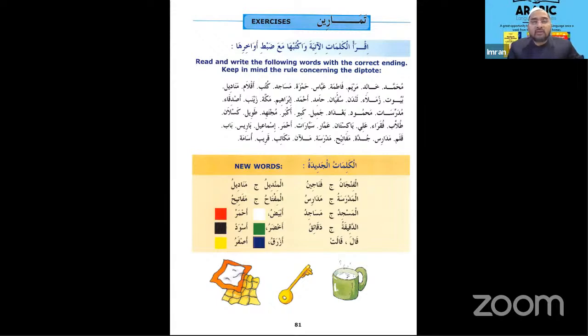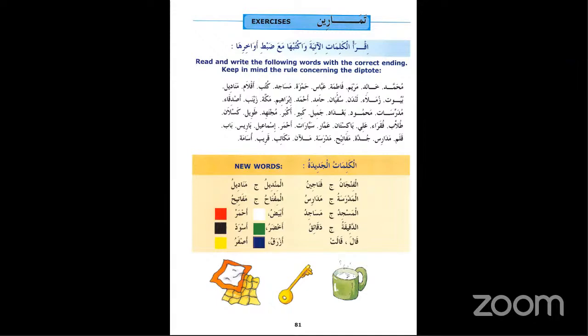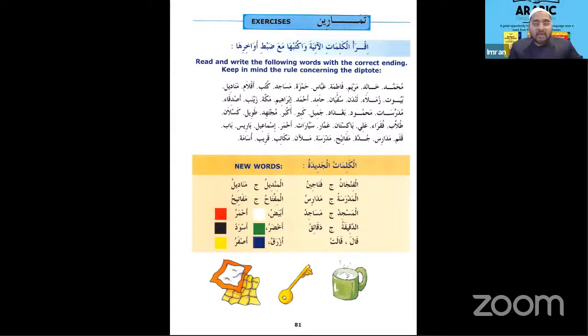One noun gets a fatha tanween, the other gets one fatha. This is the second state. And the third state is majroor, the genitive case. The genitive case is when the noun receives either a kasra tanween or a kasra.